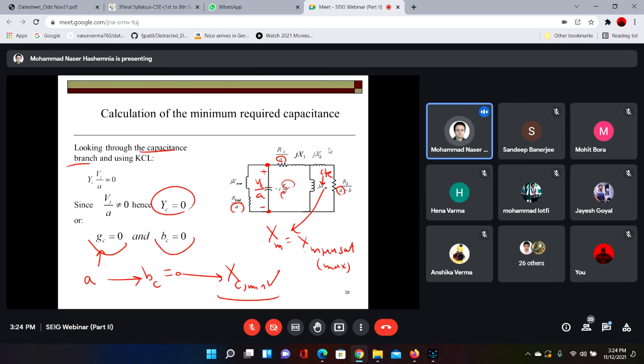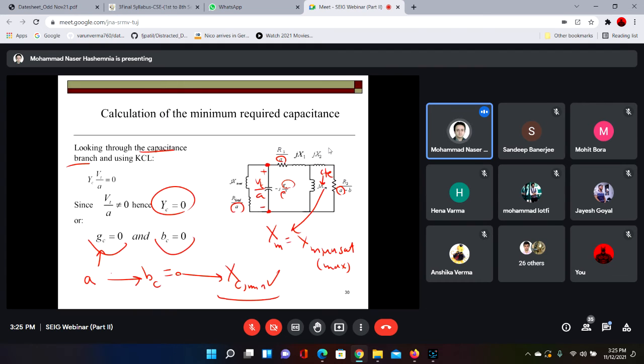You can obtain the unsaturated Xm value by experiment, by using the saturation characteristic of the machine. Then you change A. After you change A, you obtain the correct value of A. The correct value of A is that value of A for which GC is 0.